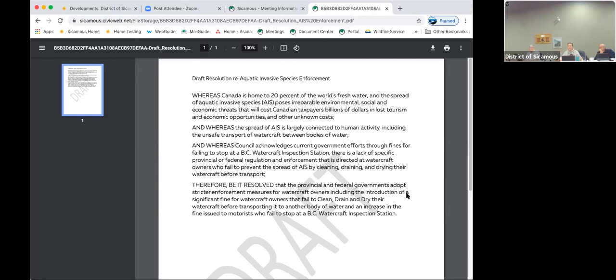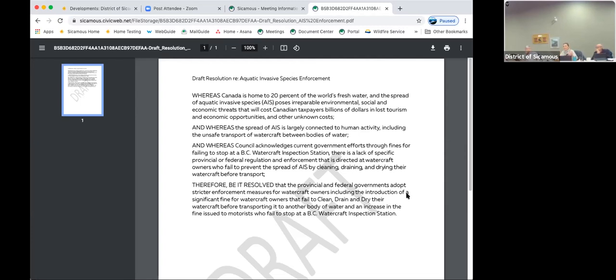But if you do bring your boat from, I don't know, let's go with Ontario, and you miss the border check stops and you land here, you could very, very much potentially bring the quagga mussel. So that will end up costing us billions of dollars.